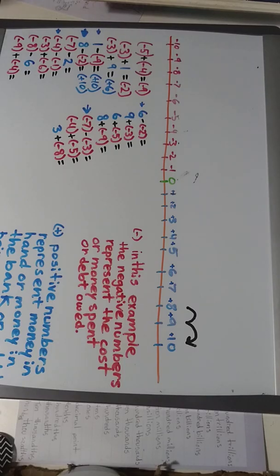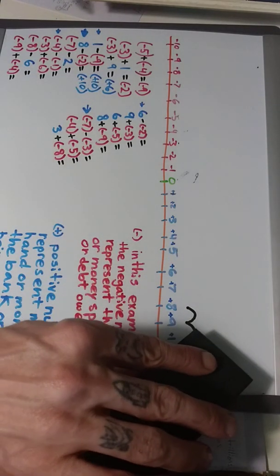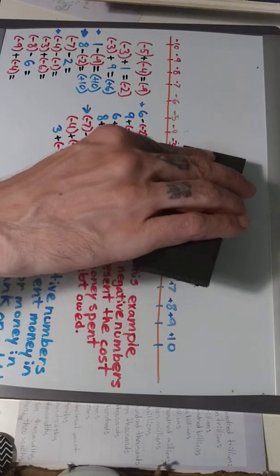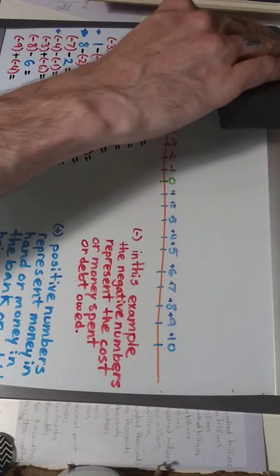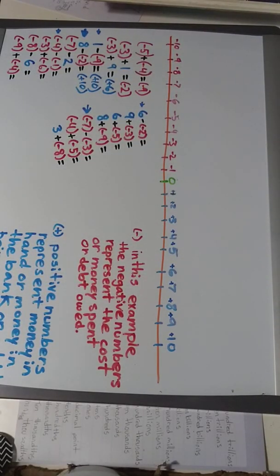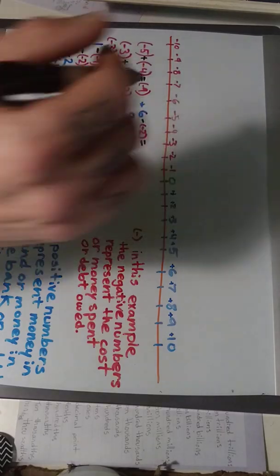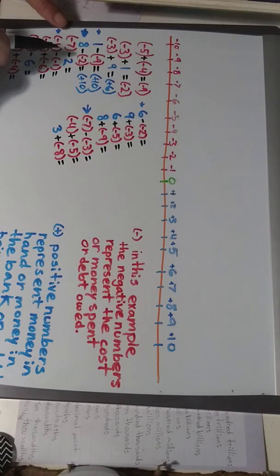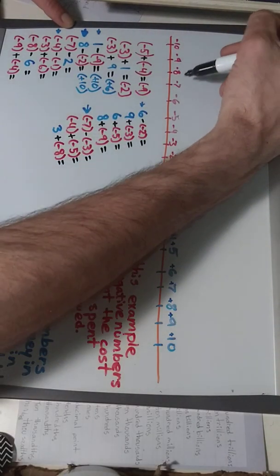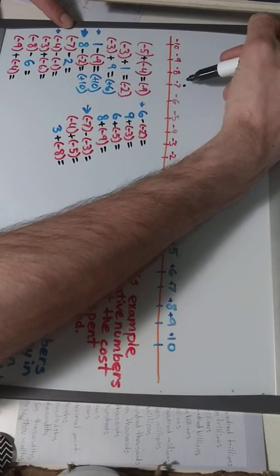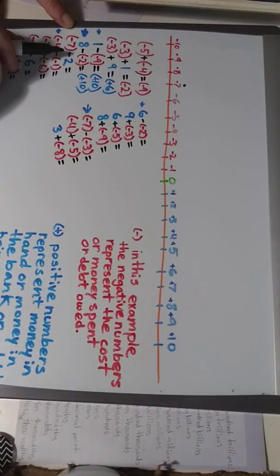So then we could start at negative 7. So we have a few debts people owe us. We're low. So we're at negative 7. And then we're taking away positive 2. We're not going to add a positive 2, we're going to take away a positive 2.